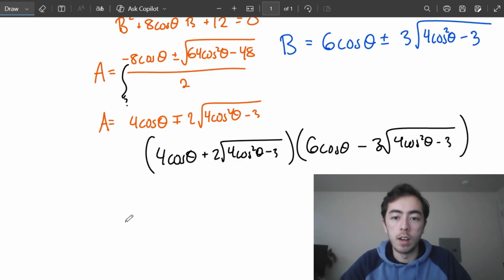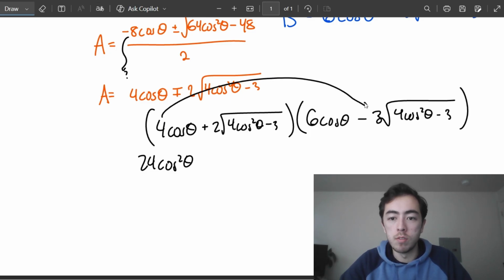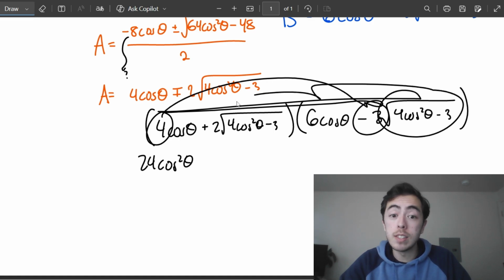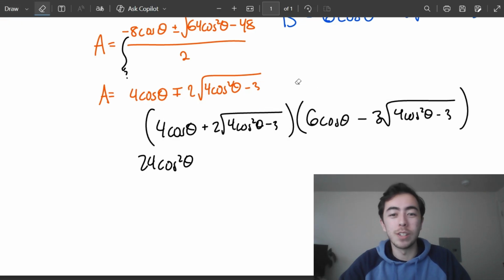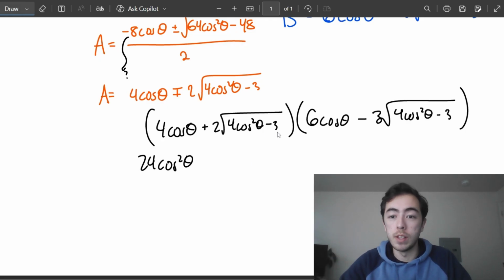Okay, first times the first, we get 24 cosine squared theta. The outside term gives me minus 12 of this radical, and the inside term gives me plus 12 of the same radical. So conveniently, those complicated square root terms cancel. So I'm just left with the last, which is negative 6 times, and then the square root can release itself if we multiply it by the same thing.